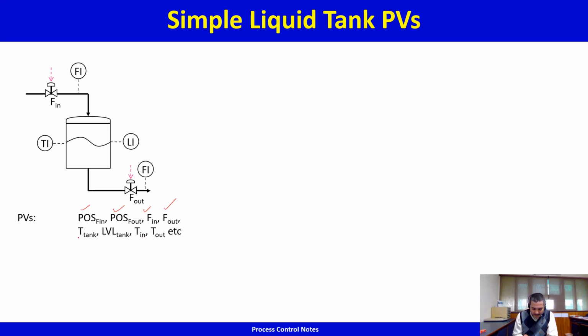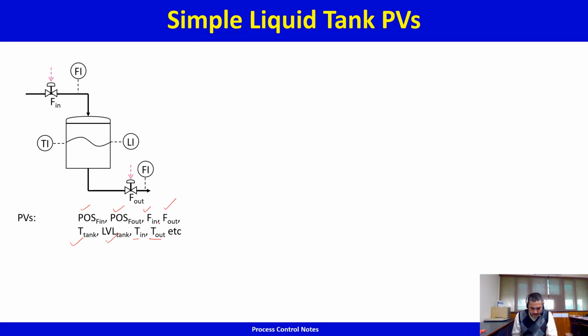You've got tank temperature, you've got tank level. F in, F out, T tank and level of the tank are measured, but then you also have the temperature of the stream coming in, the temperature of the stream going out, etc. as process variables. T in, T out are not measured, but nevertheless they are process variables.